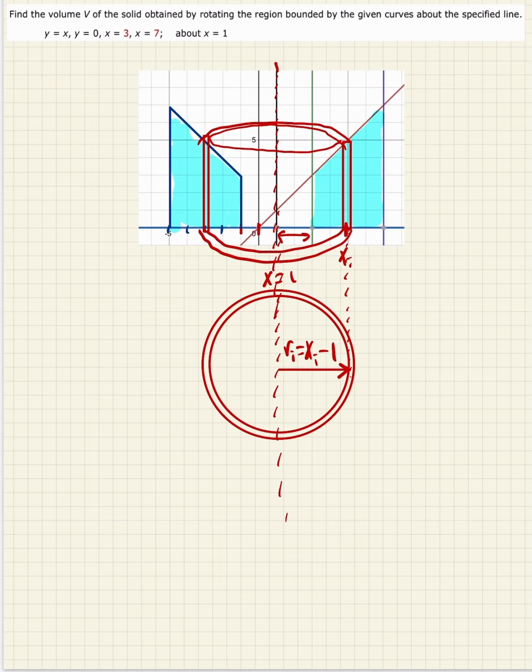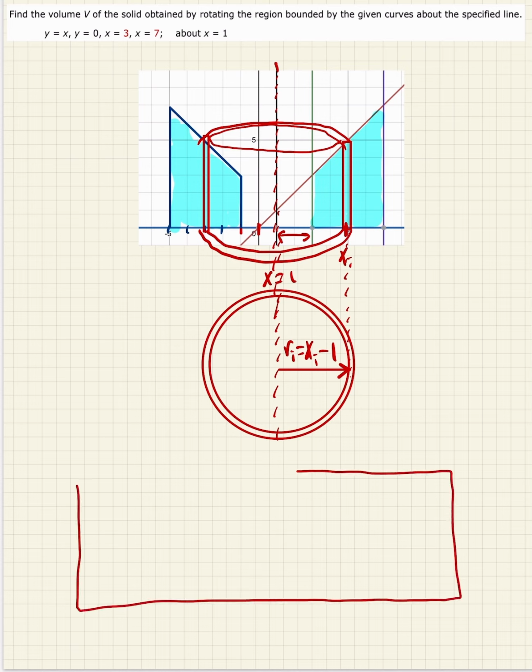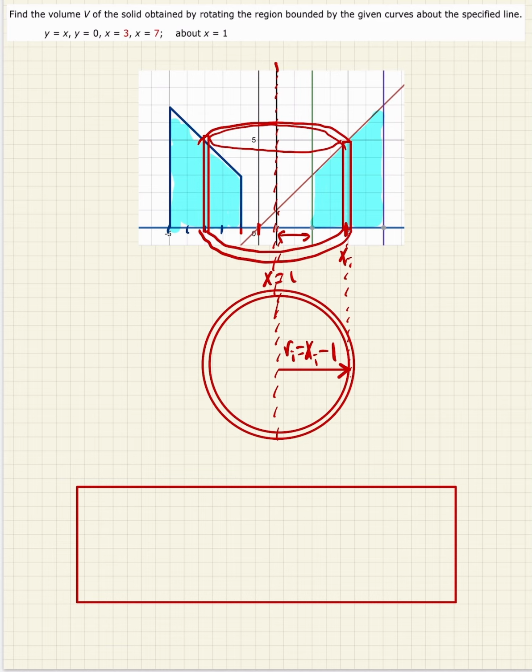And now, if we think about the process of breaking that shell open and laying it out flat, we would wind up with a big rectangle here, and it would have some thickness to it, giving us a 3D figure here that would have a volume.